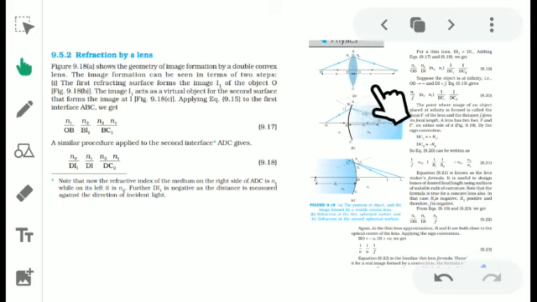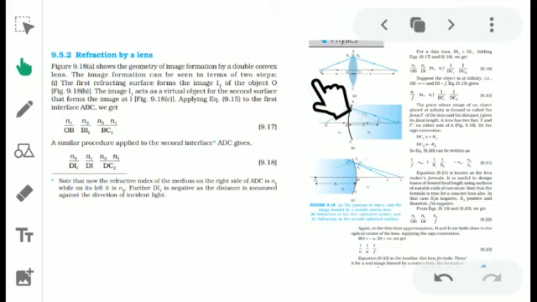How will we derive this formula? We will see first what is the equation when the light is incident on the spherical surface ABC, and after that we will see what is the equation when the light is incident on the spherical surface ADC.